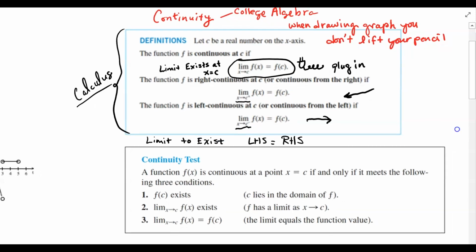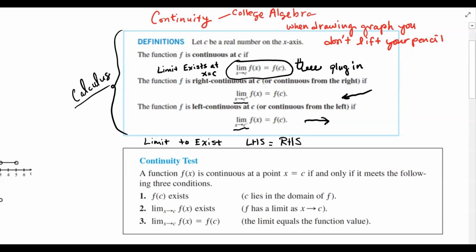So that brings us down to what we call the continuity test. And look at what I just said. f(c) has to exist, the limit has to exist, and they must be equal. That means you need to be able to plug it in and get the limit. It has to be that case for it to be continuous.